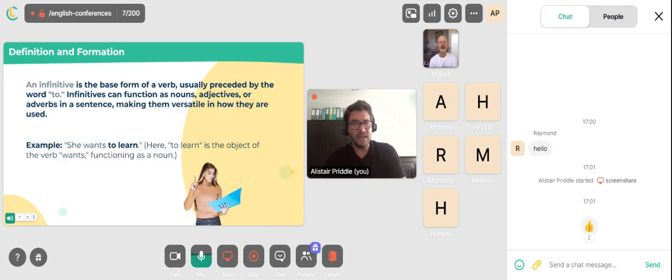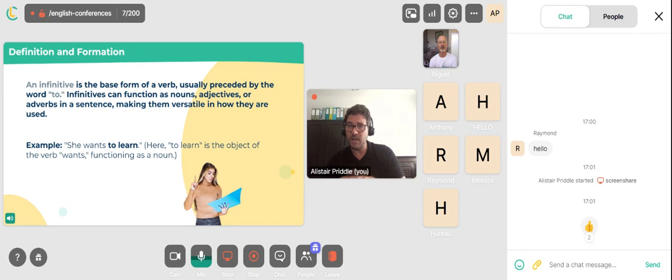An infinitive, however, is the base form of a verb. It is the base form of the verb, the origin of a verb. An infinitive is the base form of a verb, usually preceded by the word to. As a full infinitive, they are always preceded by the word to.